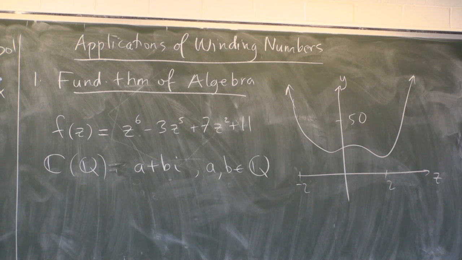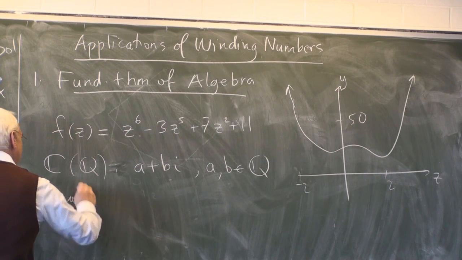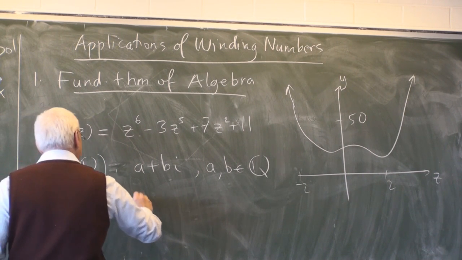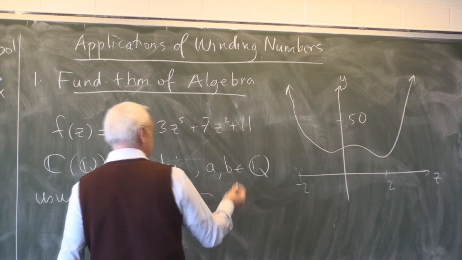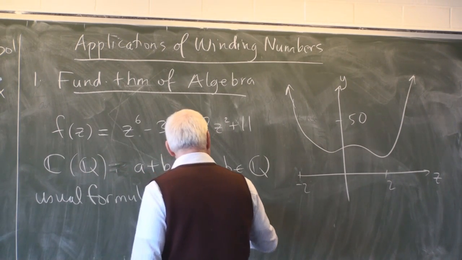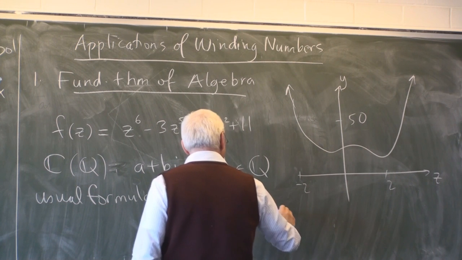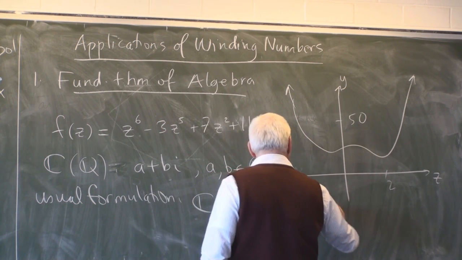Now the fundamental theorem is usually stated in terms of real numbers and complex numbers in the sense of real complex numbers. So the usual formulation involves the more familiar complex numbers, things of the form a plus bi, where a and b are so-called real numbers.